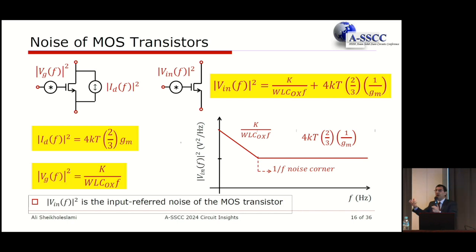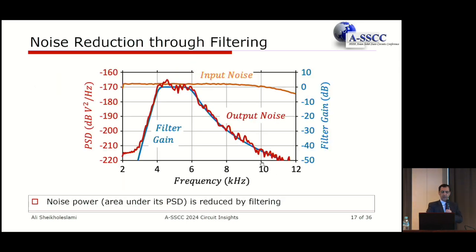We'd like to know, if the transistor is noiseless, what is the equivalent noise at the input, and then we can go through the transformation. In fact, this is what you'll get in that case. The input-referred noise will have a 1 over f profile until it reaches some corner frequency, and then will be flat.